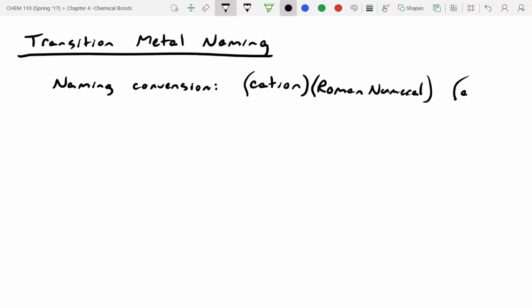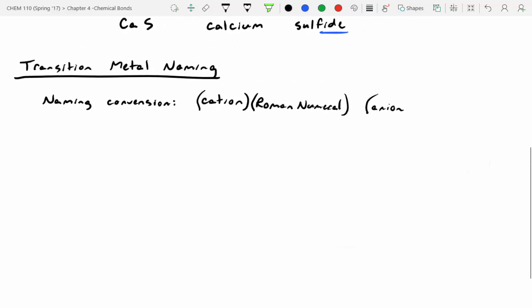And then space, anion, and then you have this IDE suffix tacked on. So this Roman numeral is very important. We said that the charge of a transition metal can vary. All this Roman numeral does is tell you what the charge is of your cation.